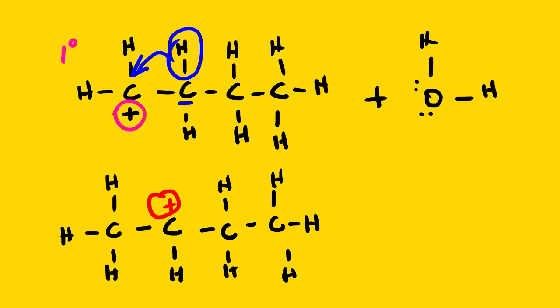So this is an additional step that you should consider, and the shift of the hydrogen happens simultaneously with the water molecule leaving the compound. And you can see that hydrogen has shifted from the second carbon to the first, and then the carbocation will also shift.